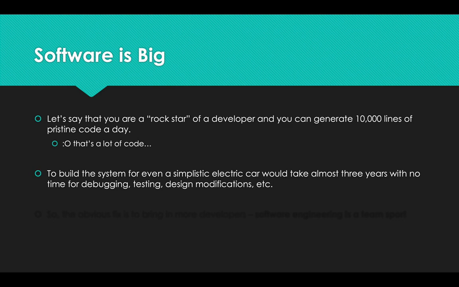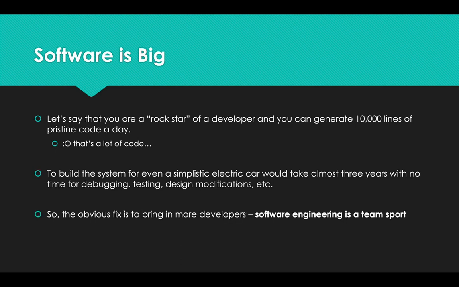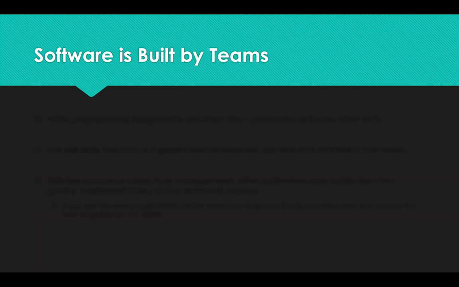That is only you typing on a keyboard. And that is where we get to the idea that software engineering is almost by definition a team sport. It isn't necessarily something that you even want to do by yourself, because nobody wants to generate 10,000 lines a day for 3 years in order to just have a product to begin with.